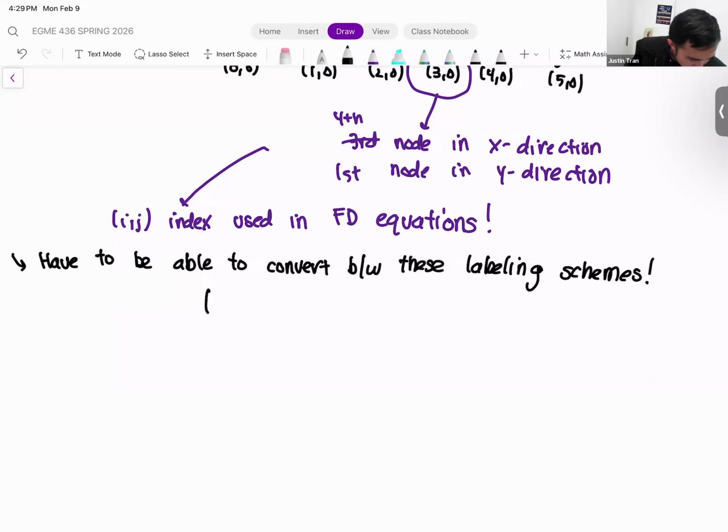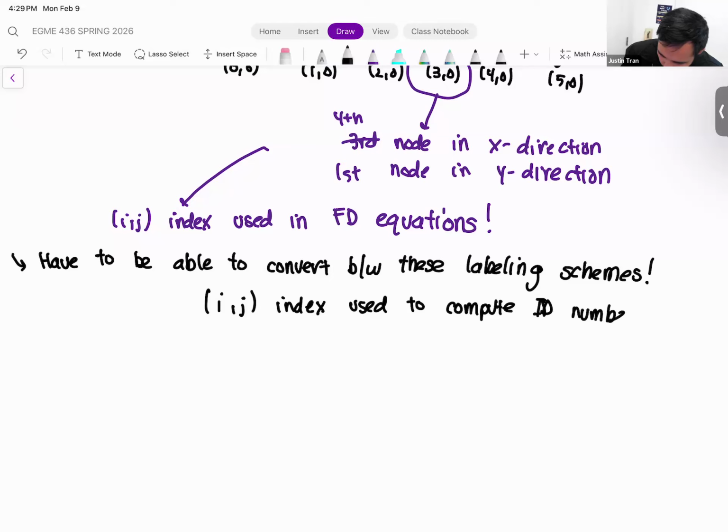All right, so the conversion that's used most often is that we go from the IJ index and use that to compute the ID number. So there should be a very straightforward conversion, right?